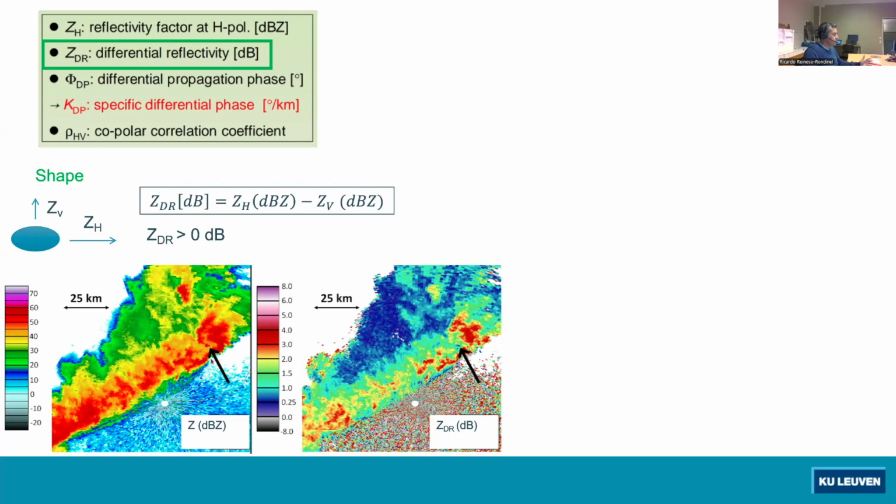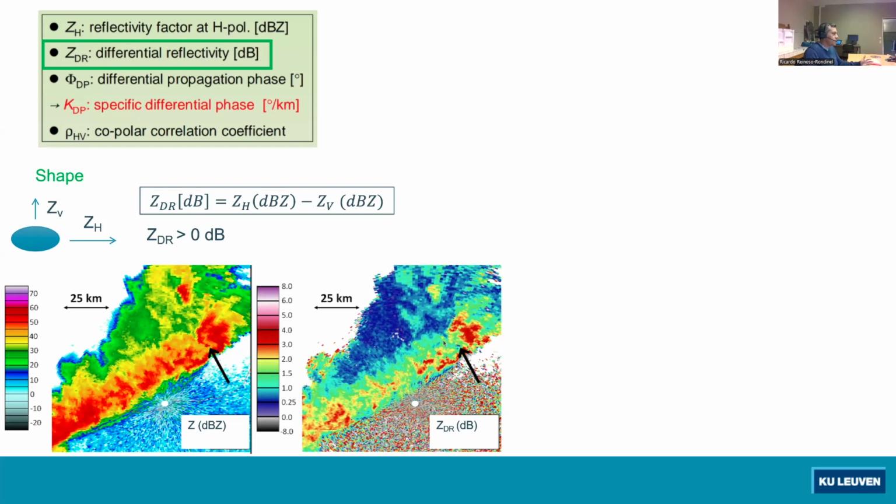In this example, you have in the left panel the reflectivity going from more or less -10 to 60 or 70 dBZ. In the right panel, you see the differential reflectivity, and it goes a bit smaller, from 0 to 5 or 0 to 6 dB.